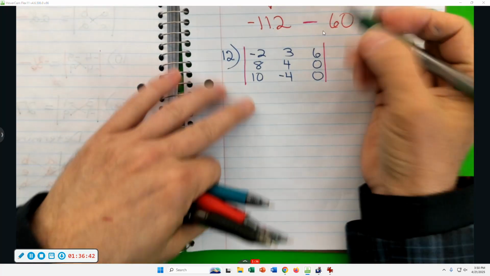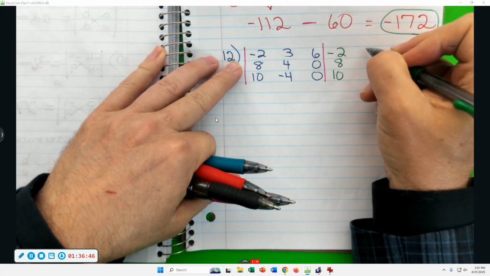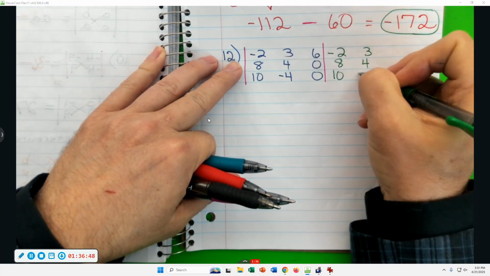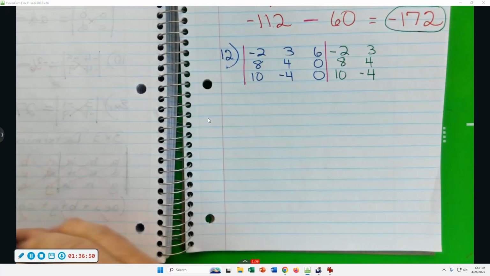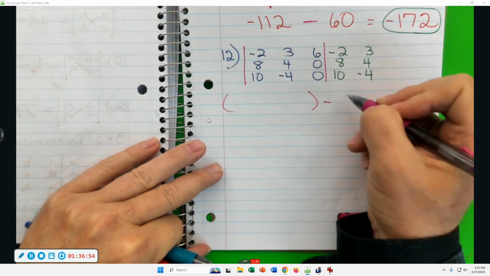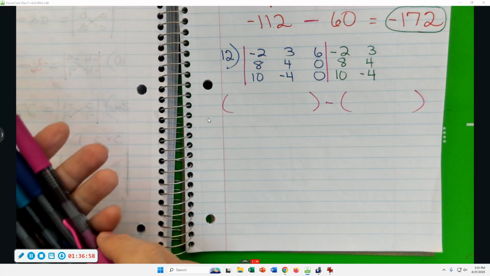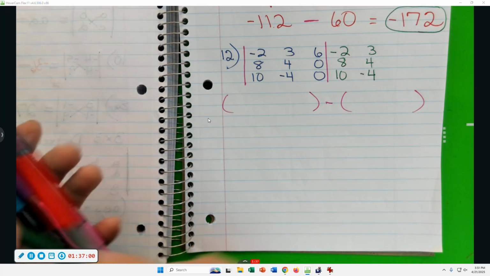Okay, recopy the first 2 columns. 3, 4, negative 4. And then I have my big parentheses minus big parentheses. We start at the negative 2.